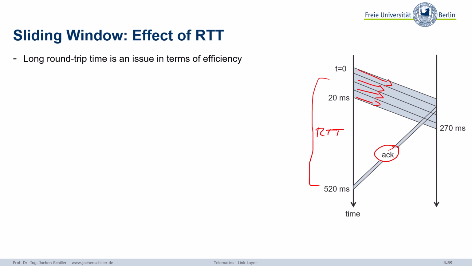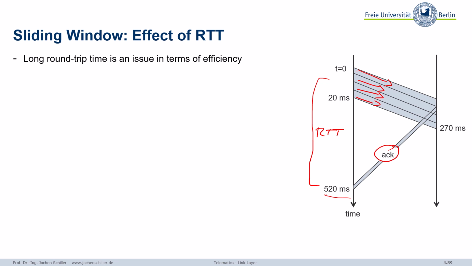This can be quite high. For example, for classical mobile phone systems, packet traffic, this could be half a second, which is quite long. Or think of satellite systems, where you have 200 milliseconds, 400 milliseconds, depending on what type of satellite. So this could be quite high.